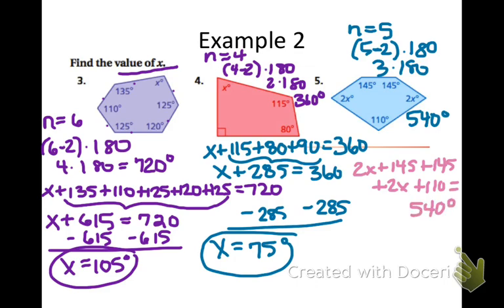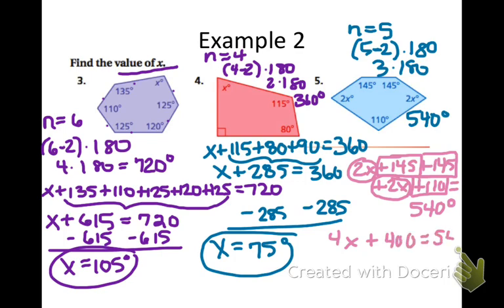Combining the like terms, I'm going to use some circles because I have some variable terms here. So I'll have 4x plus, and then all of these numbers are all positive, so I can add them together. 145 plus 145 plus 110 will give me 400. And if I add those together, I get 540.